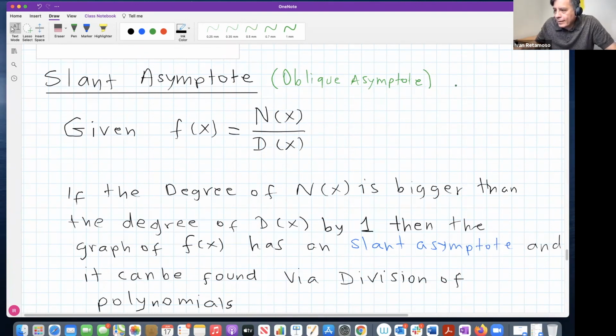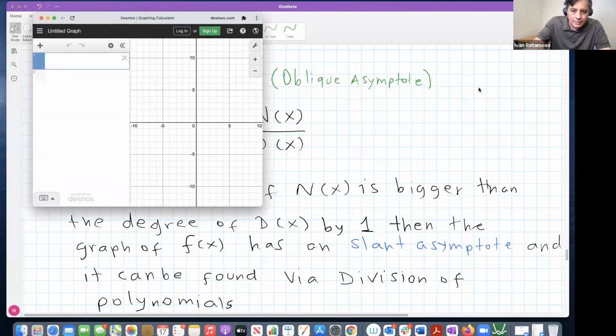Yeah, so now you may say, Professor, how can I visualize this slant asymptote? Well, for example, if you do this in your graphing calculator, y equals, say, x squared minus 4 all over, say, x.